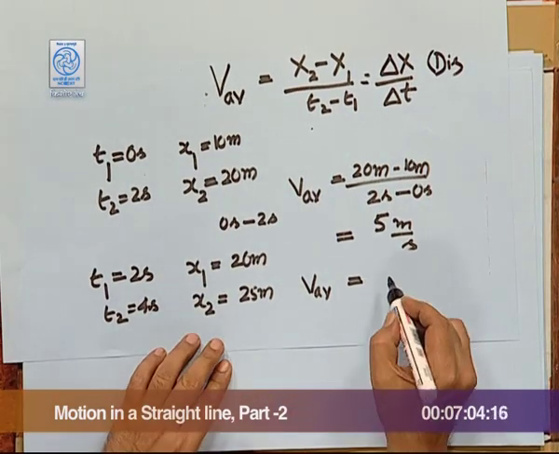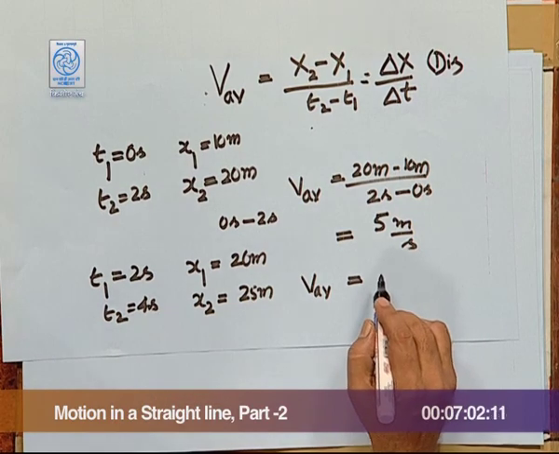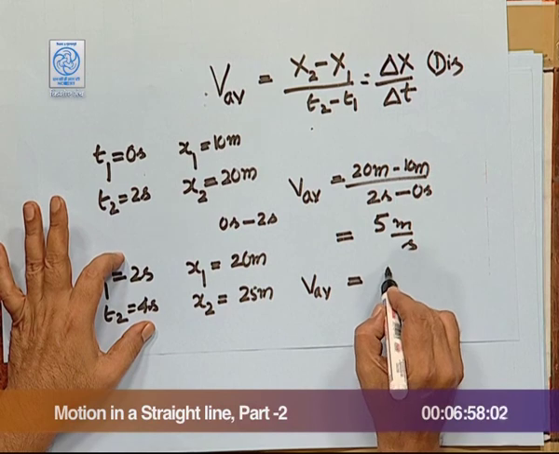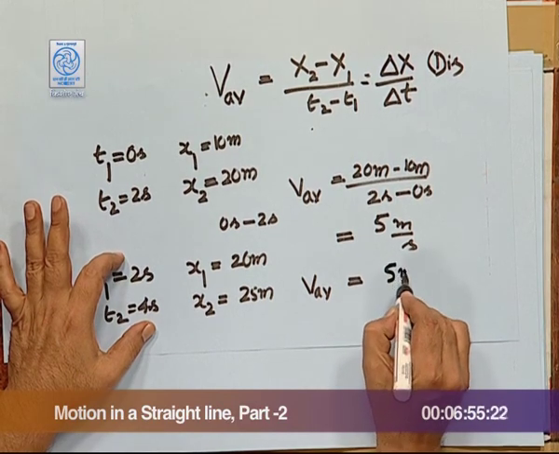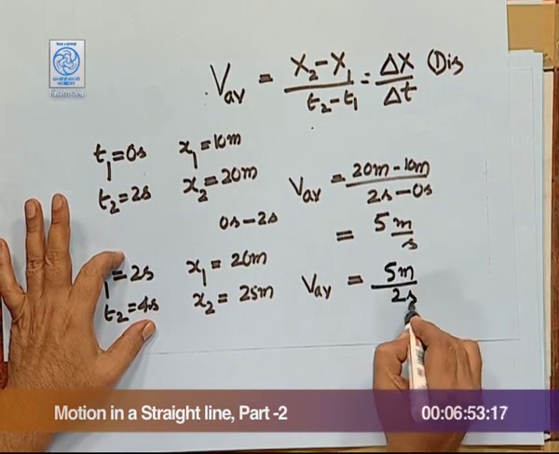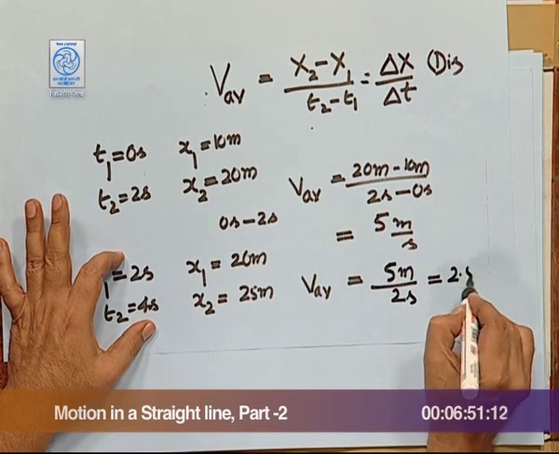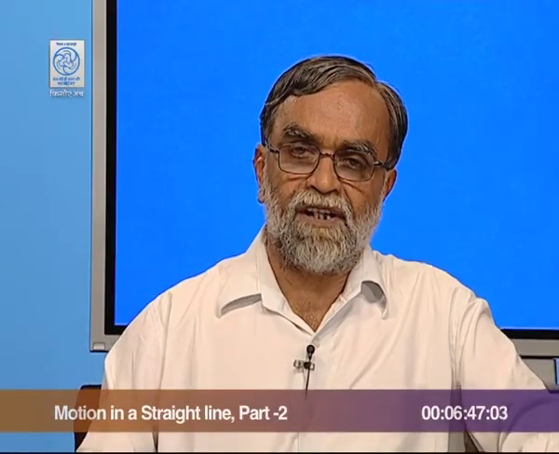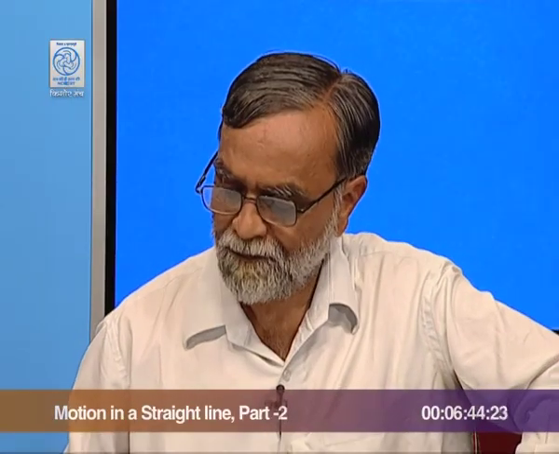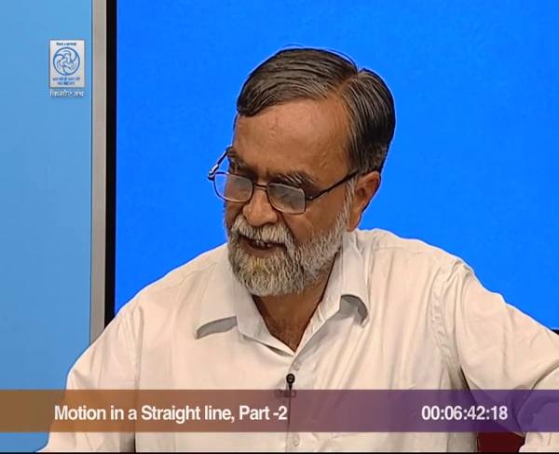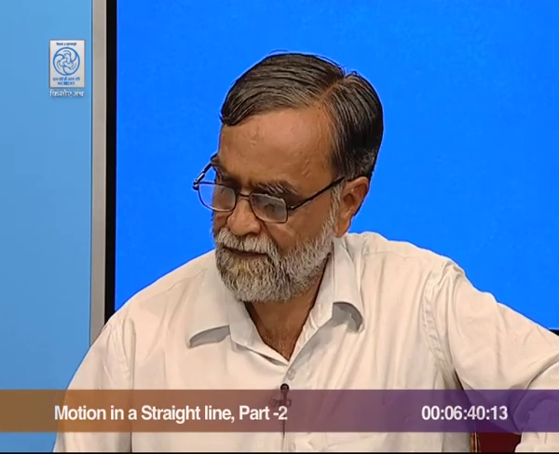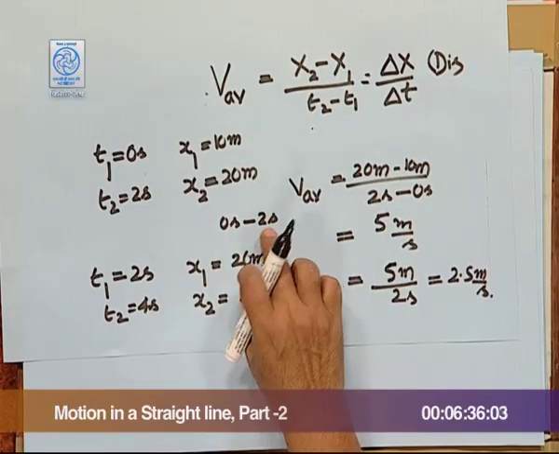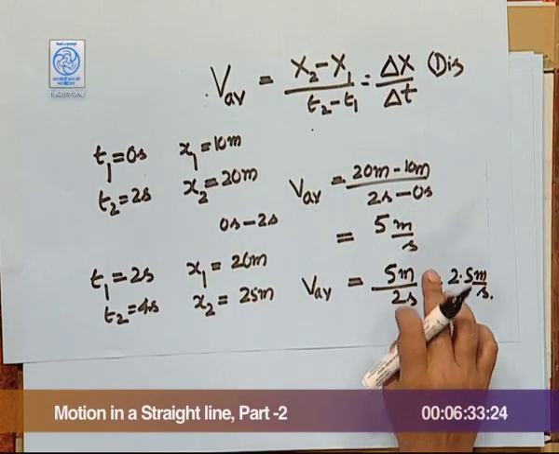So the change in displacement per unit time here happens to be 5 meters per 2 seconds, which is 2.5 meters per second. Change in position coordinate, we are calling it displacement. So V average in this case happens to be 2.5 meters per second, whereas in the earlier interval between 0 to 2 seconds, it happened to be 5 meters per second.